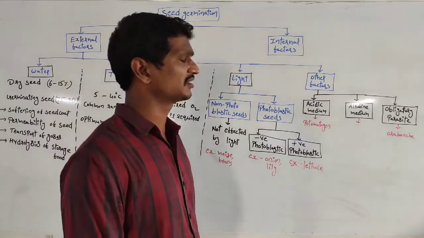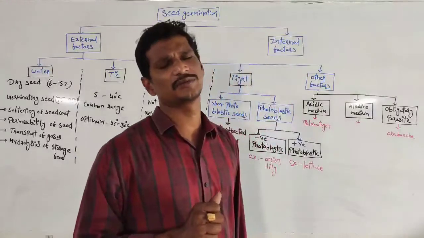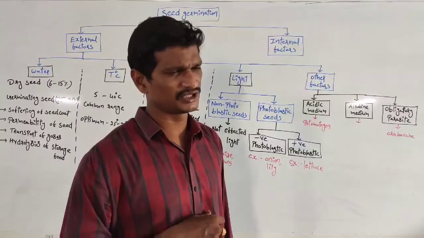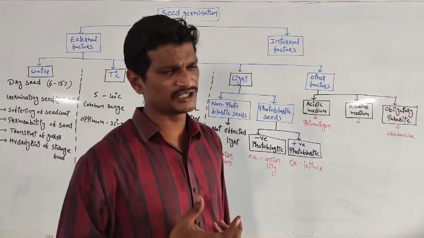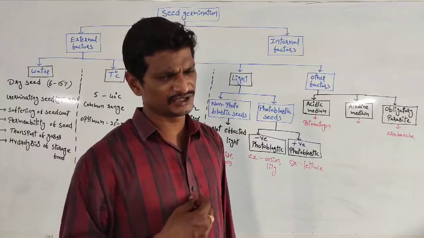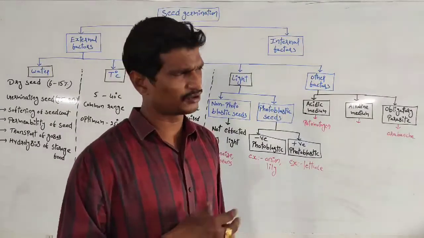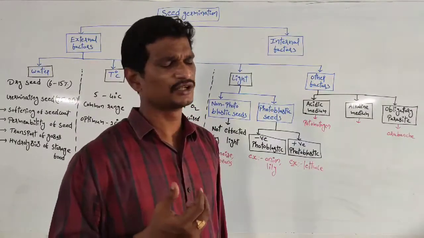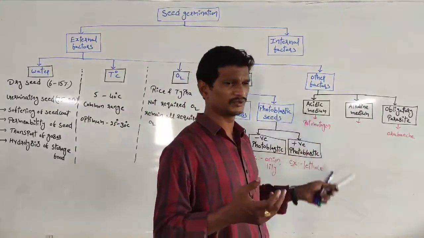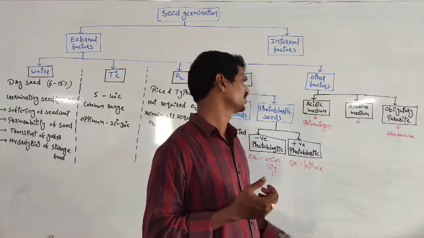And next are other factors. See, pH also influences the seed germination process. Some seeds are grown in acidic media, some in alkaline pH. Most of the seeds are grown in neutral pH. The majority of plants grow within neutral pH, but some grow in acidic medium, maybe acidic soils are required, and some grow in alkaline medium.